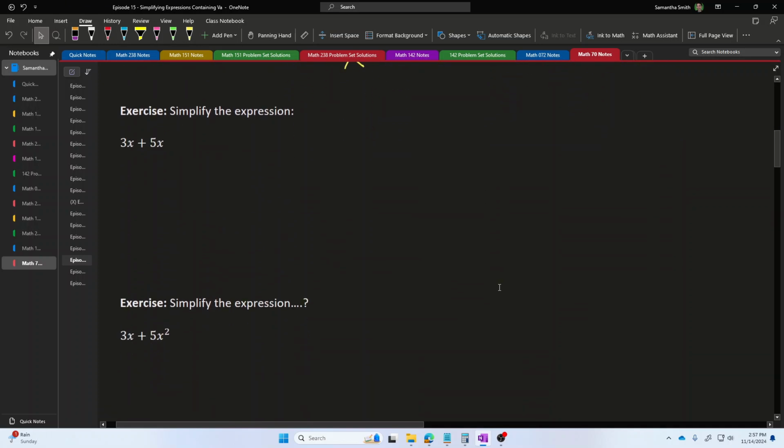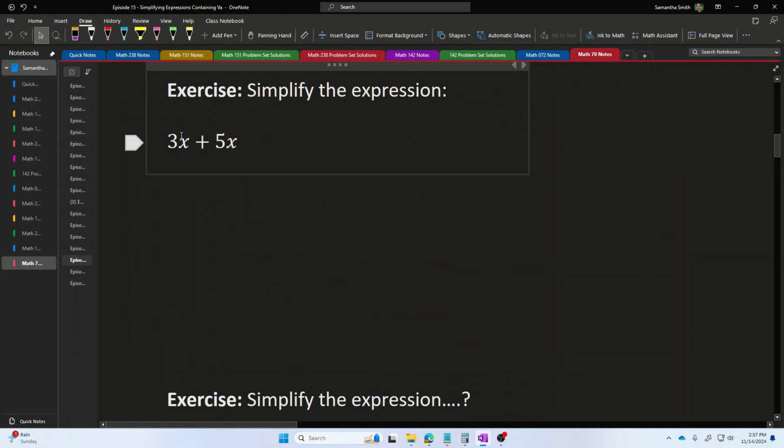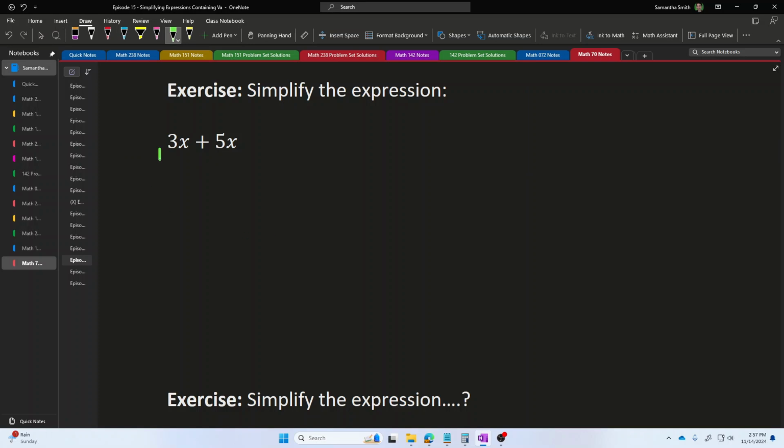And I think if you bear in mind the meaning of 3 times x, it can help you to simplify expressions that look like this one, 3x plus 5x. This 3x in the front, 3 times x, represents three copies of x added together. And this 5x in the back represents five copies of x added together.